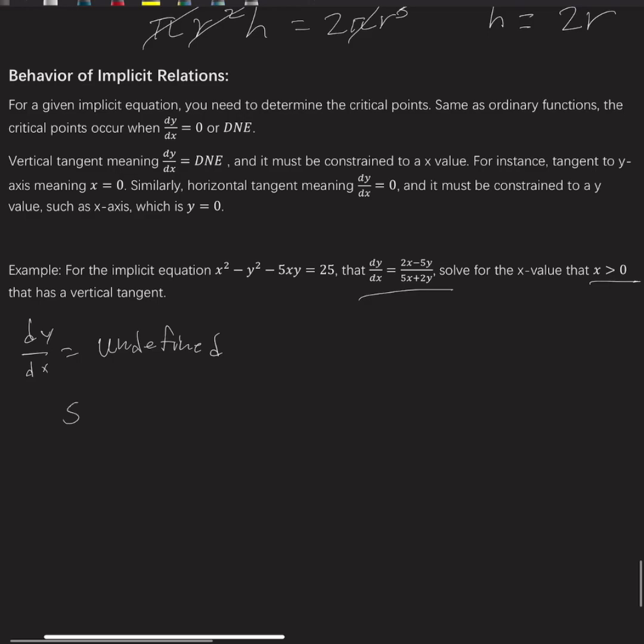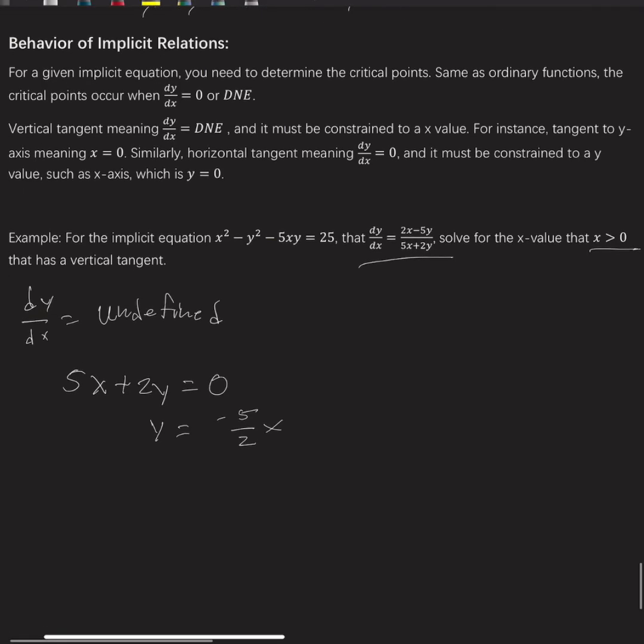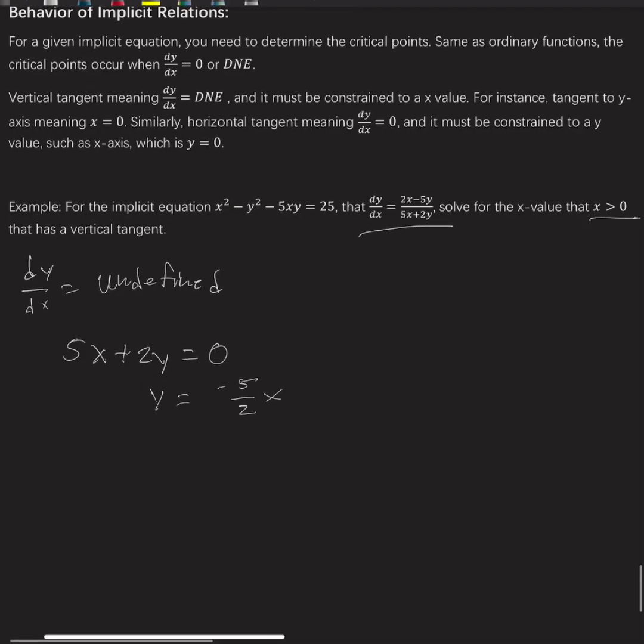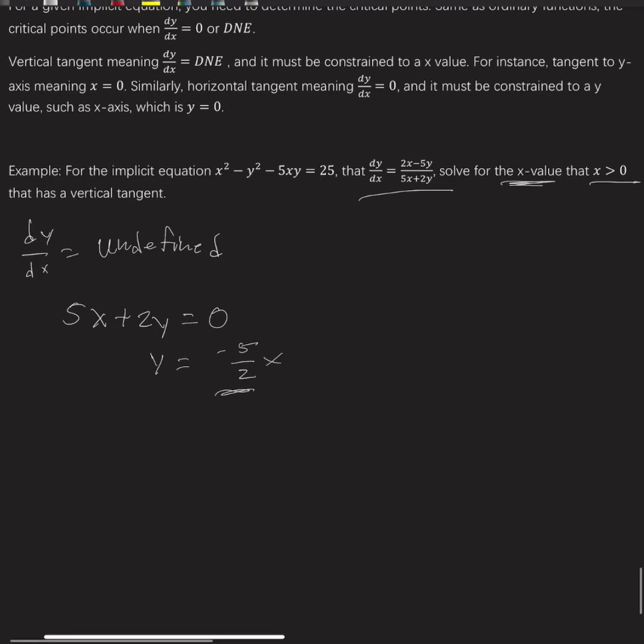So we can say 5x plus 2y equals 0, so y is equal to negative 5 over 2 x. Now we have solved in terms of one variable. It's asking to solve for the x value, so we need the other variable in terms of x.